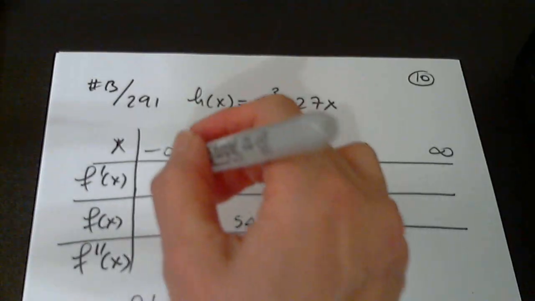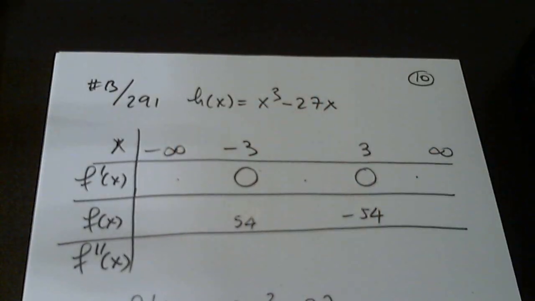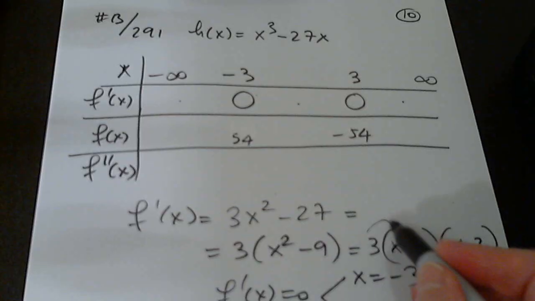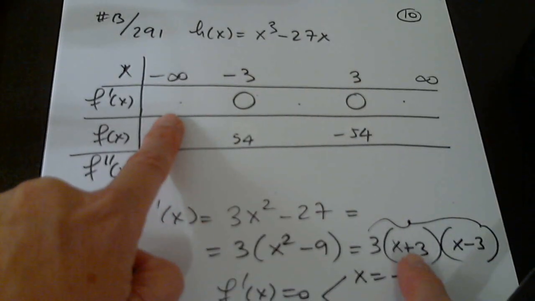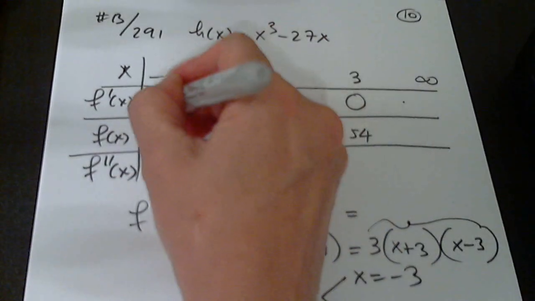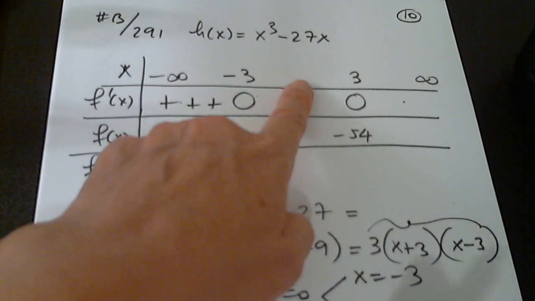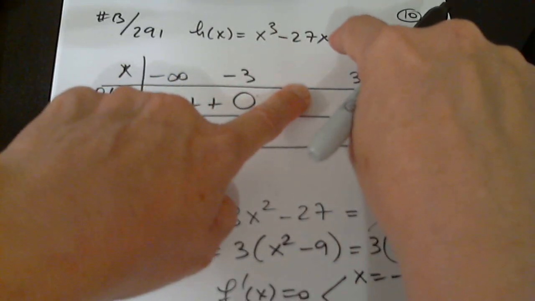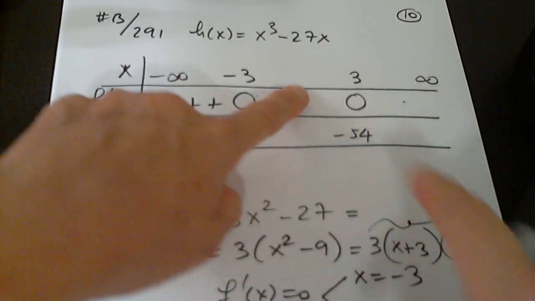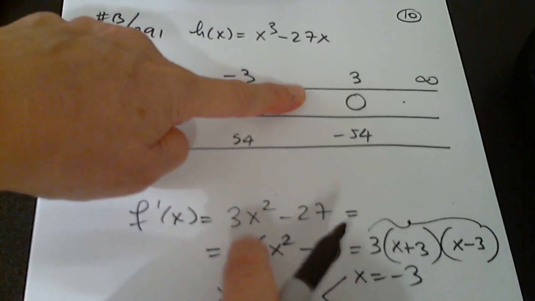Now I will study the sign of the first derivative. This is the first derivative. Negative 10: negative, negative, positive. 0. 0, 0, 0. 0, negative.